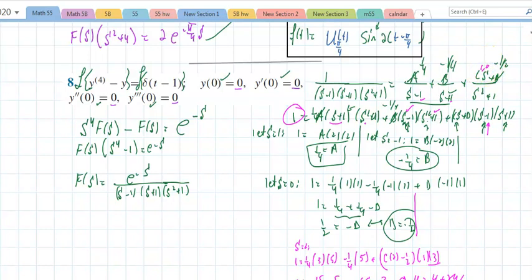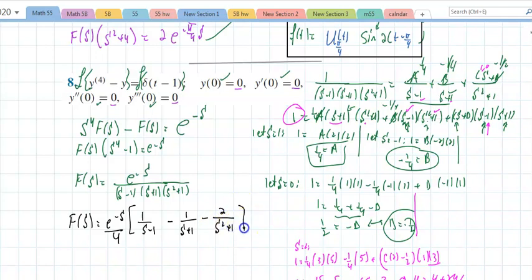So let me see how this plays out. I could say f of s equals e to the negative s, I'm going to leave out, that is, I'm going to take a 4 out. That makes this 1 over s minus 1 minus 1 over s plus 1 minus 2 over s squared plus 1.